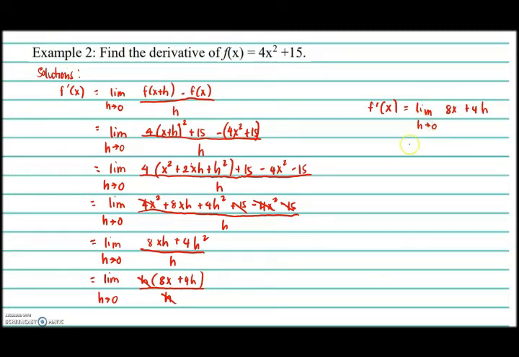Now we can already find the limit through the substitution method. So you have 8x + 4 times 0, which gives us 8x. So the derivative of our function, or f prime of x, is equal to 8x.